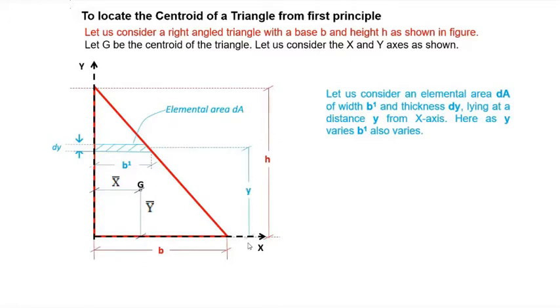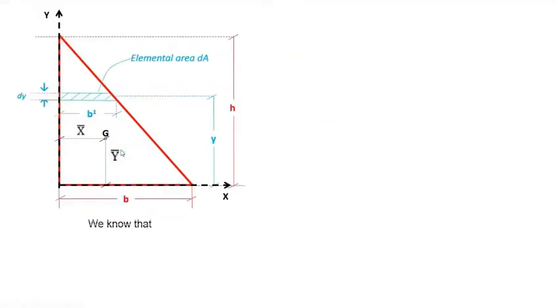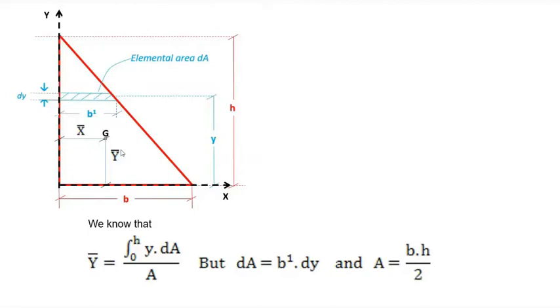Every time you need to consider a small elemental area, and let y be the distance from the x-axis to the elemental area. Now we consider the equation y bar is equal to integration of y into dA by A, with limits from 0 to h.